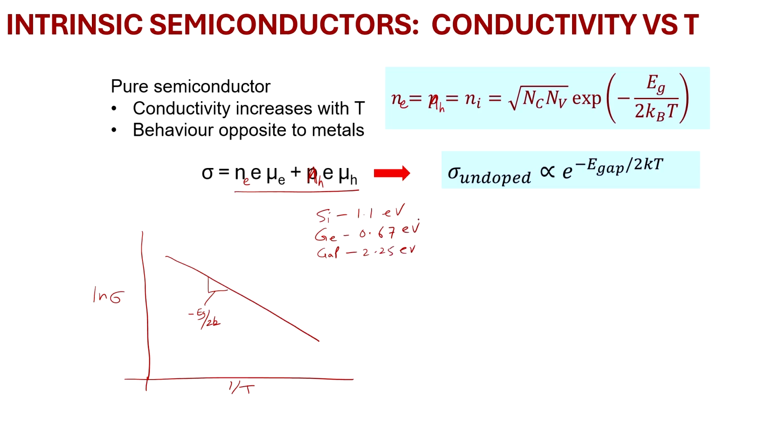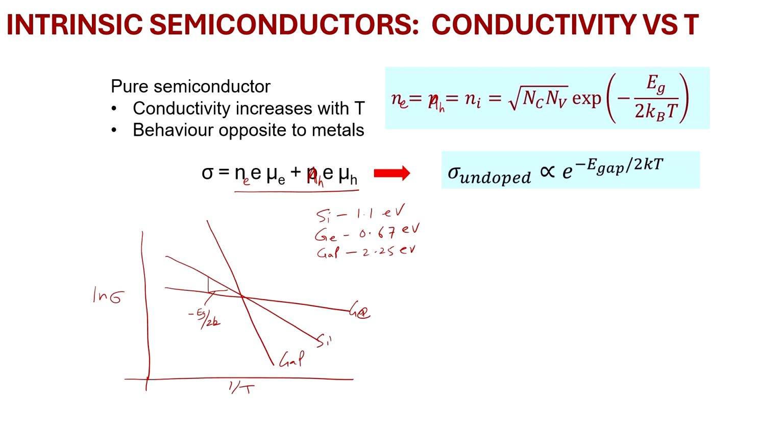So, the slope of this plot will vary depending upon the type of semiconductor. For gallium phosphide the slope will be steeper, and for germanium it will be shallower. Crossovers may be at different points. This is germanium, this is silicon, and this is gallium phosphide.